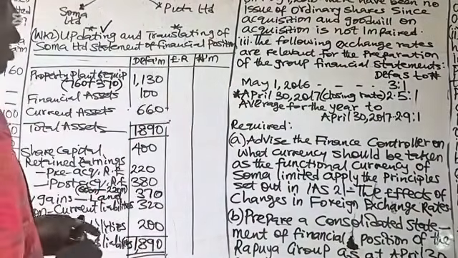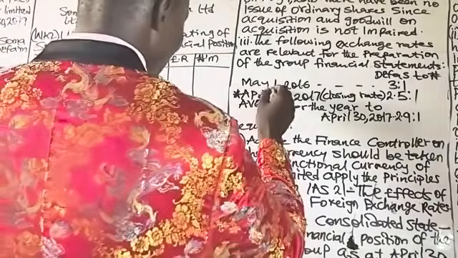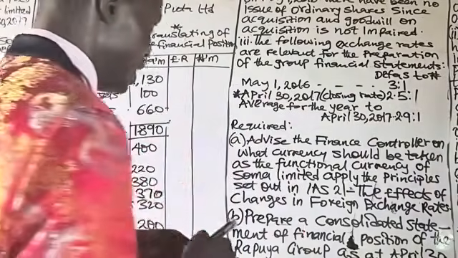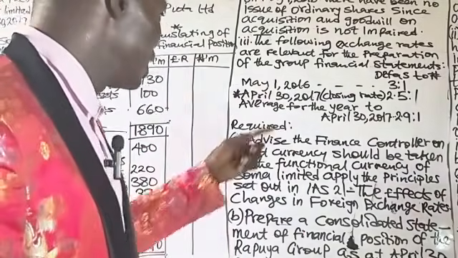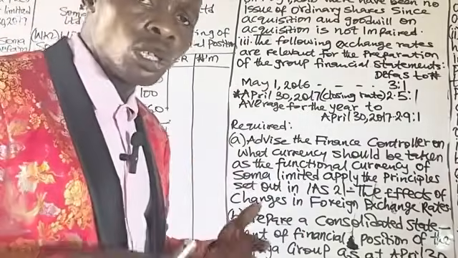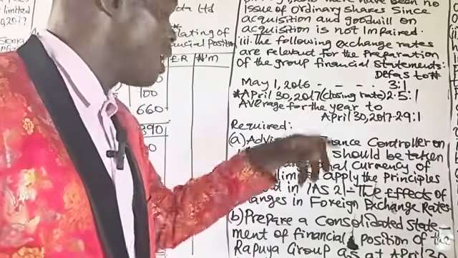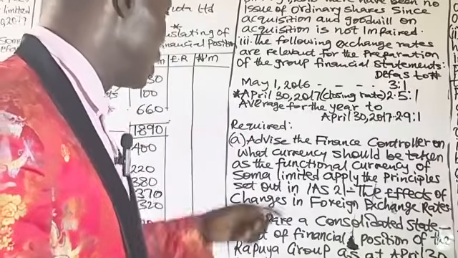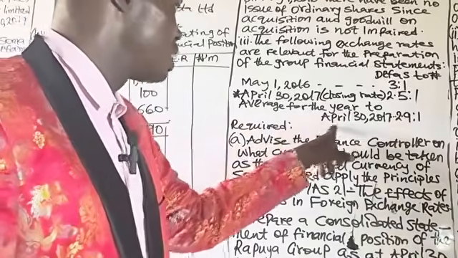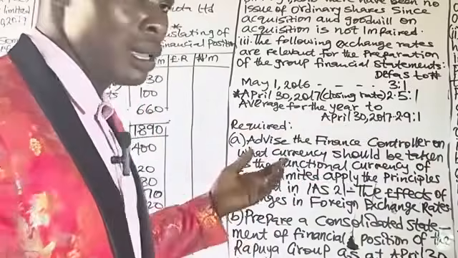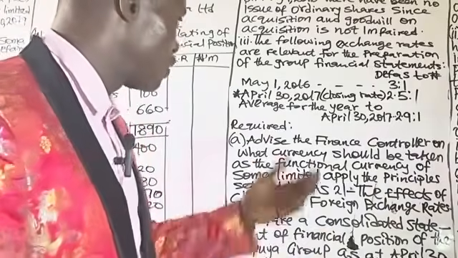Now, Soma Limited was acquired on May 1st, 2016. The 1st of May 2016 is the date of acquisition, and is also the beginning of the accounting period. The average for the year is relevant for the consolidated statement of profit or loss.